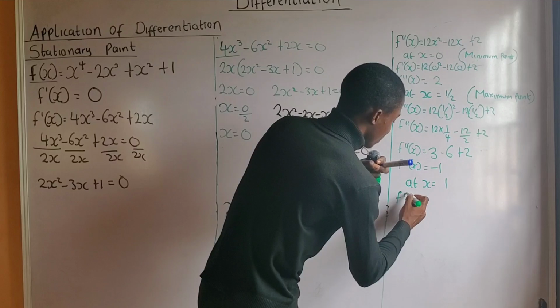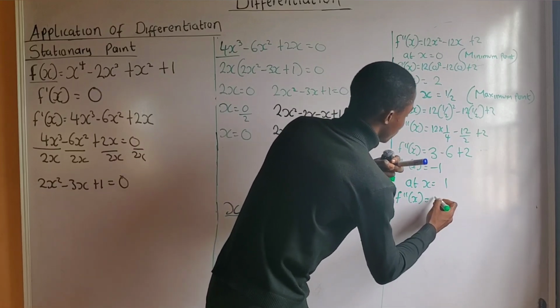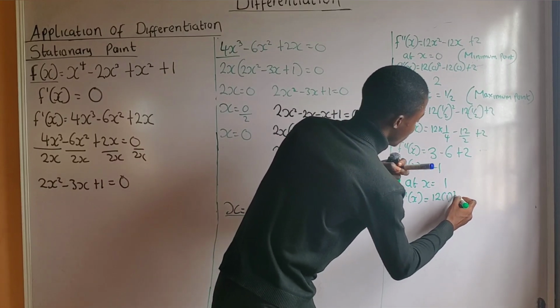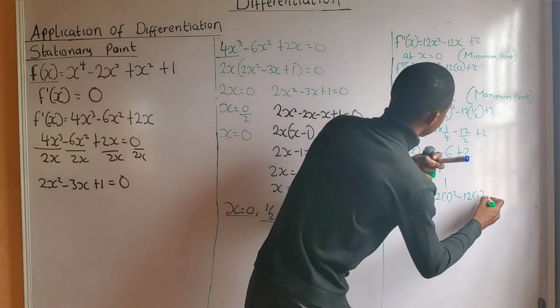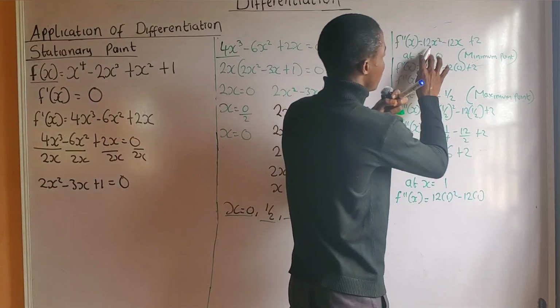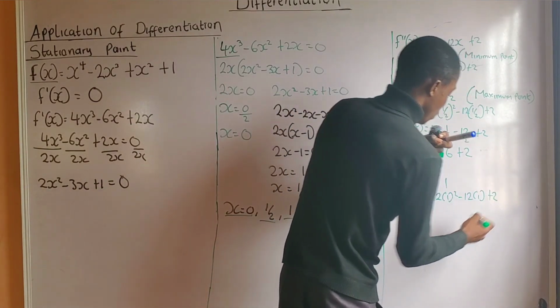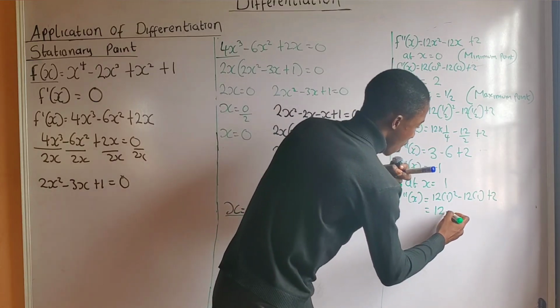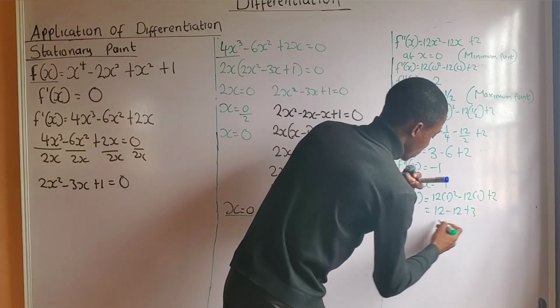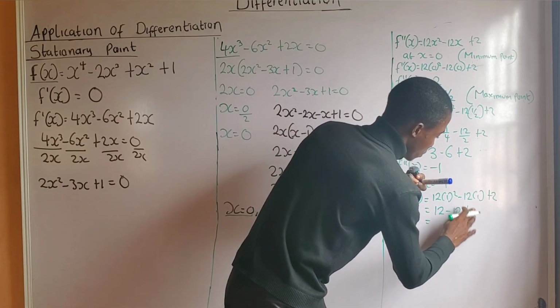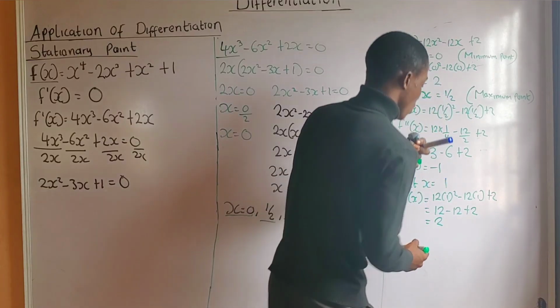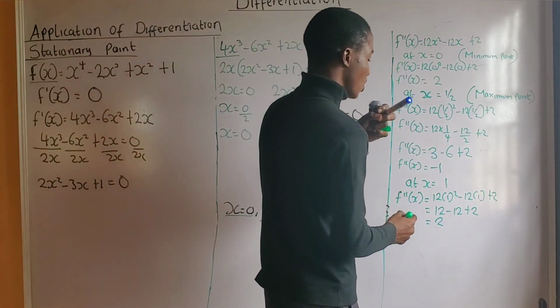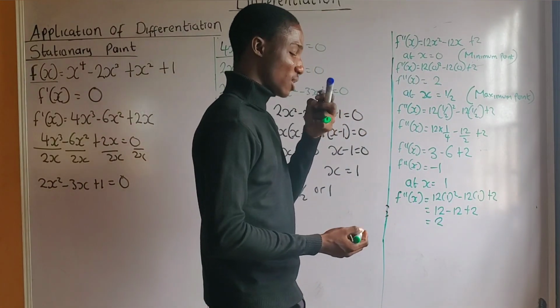So let us test for x equals 1. At x equals 1, the second derivative will be equal to 12 multiplied by 1 squared minus 12 multiplied by 1 plus 2. I'm going to have 12 minus 12 plus 2, so I'm going to have 2. So at x equals 1, the second derivative is 2.